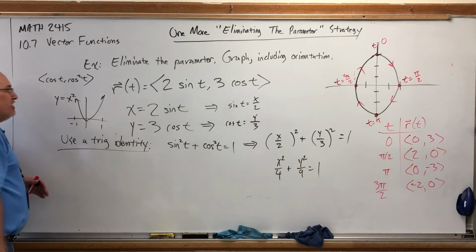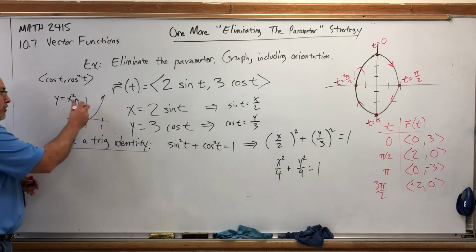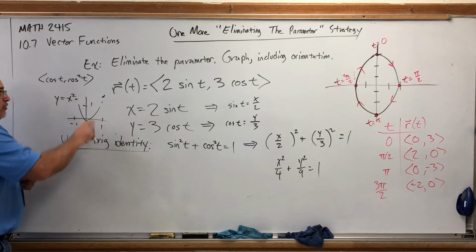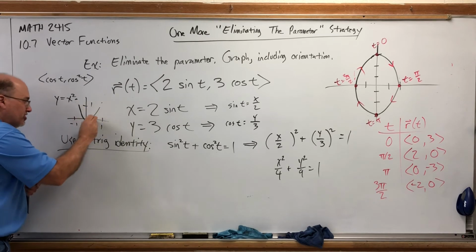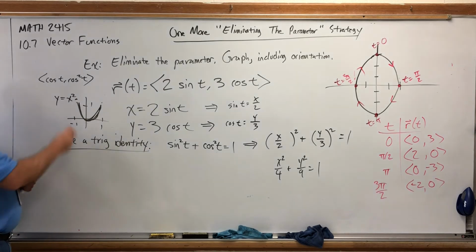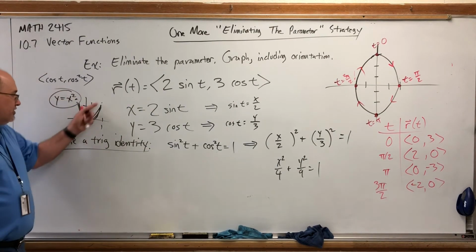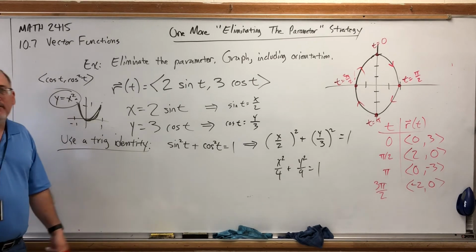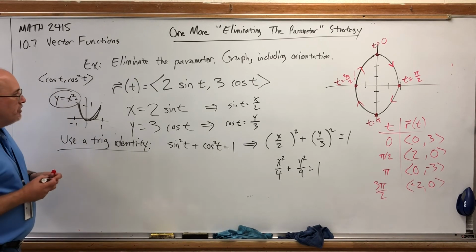And the range of cosine squared is only between 0 and 1, which is why this parabola got cut off at 1. But the clock kept running and you had to go somewhere, so you just have this oscillatory motion. But had you just said graph this, you wouldn't have gone, look, it's going back and forth like a skater in a half pipe. You would have drawn the whole parabola and you would have been wrong.